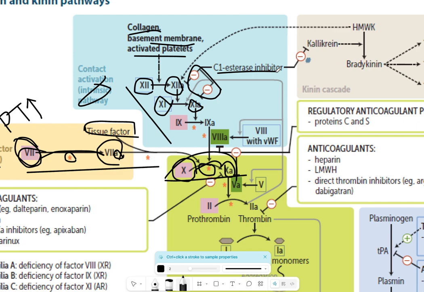I'm going to talk about the drugs while I'm teaching the steps because that is how a better understanding can be made. Remember that in the intrinsic pathway we start with factor 12, which is converted into 12A, and this 12A then converts the 11 into 11A, right?